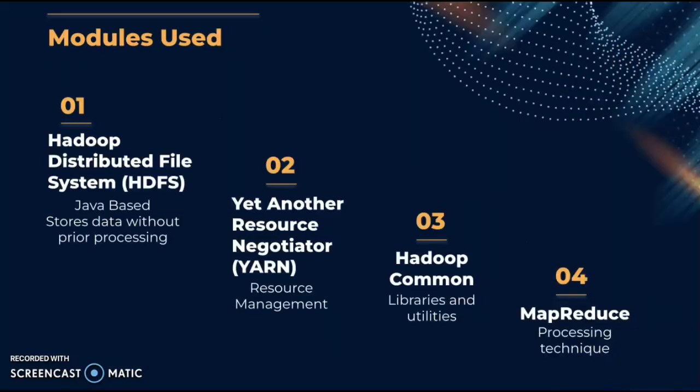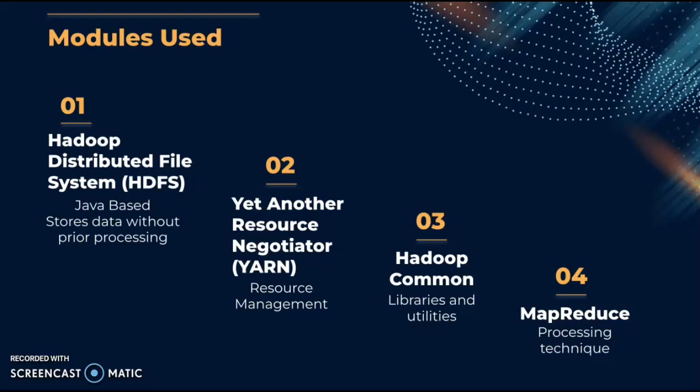So in Hadoop, there are 4 modules that are used within the program. The first one is Hadoop Distributed File System, and this is a Java-based scalable system that stores data across multiple machines without prior organization. The next one is yet another Resource Negotiator, or YARN, and this provides resource management for the processes running on Hadoop.